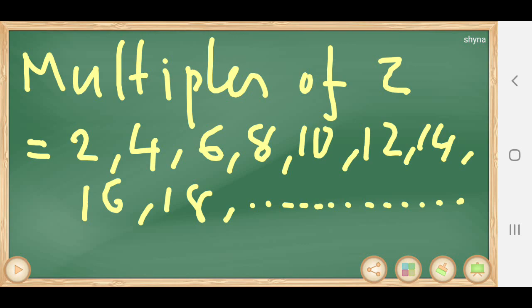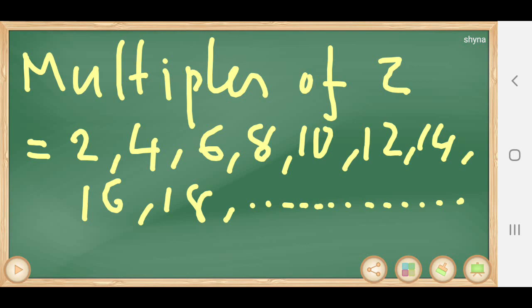Then all of you have finished. Next you write multiples of 5. All of you write multiples of 5.